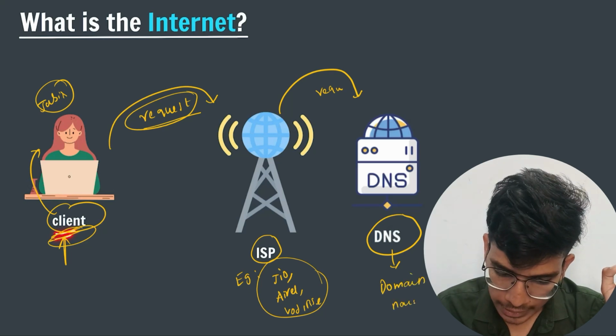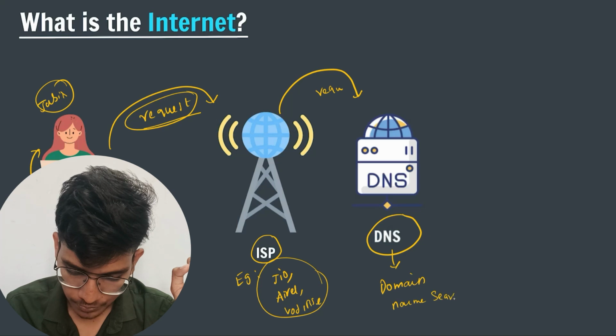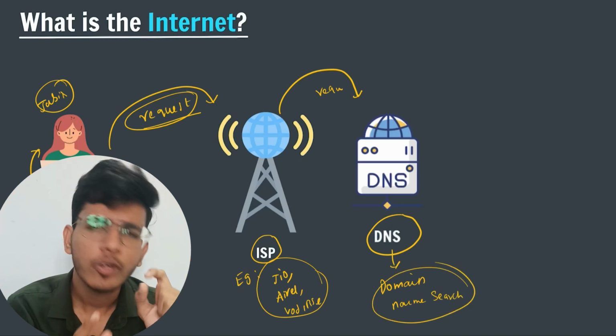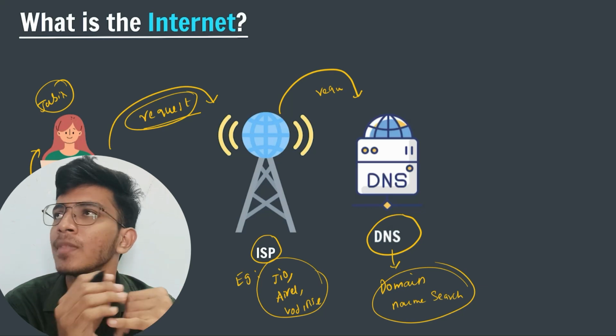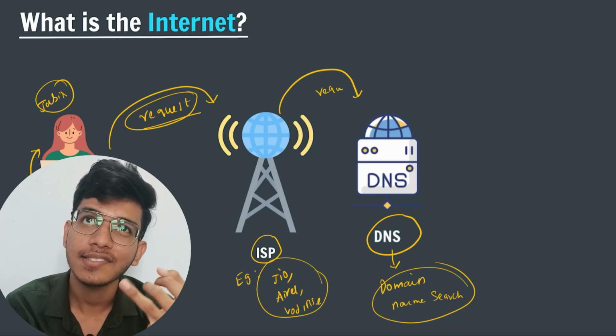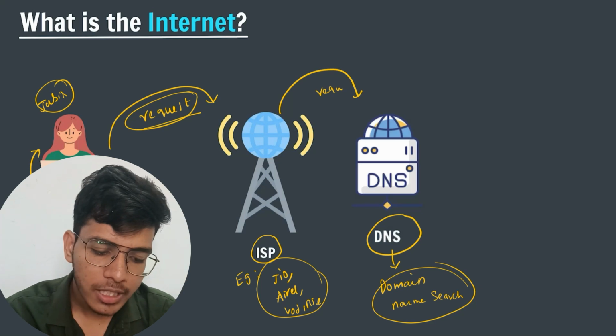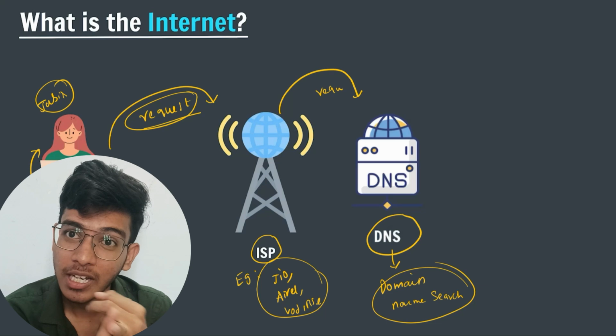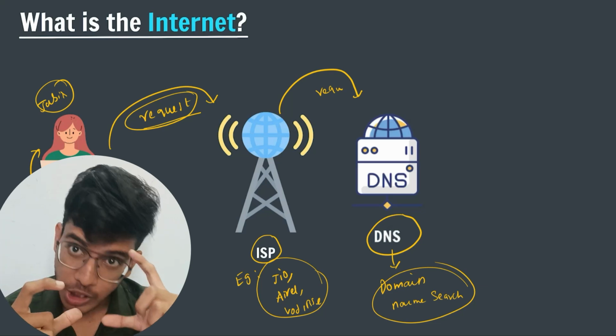Domain name search. And this domain name search you can consider as a dictionary. In previous days, in the 19th century, 18th century, people used to have huge dictionaries. If you remember, your grandfather, your great grandfather used to have dictionaries, right?